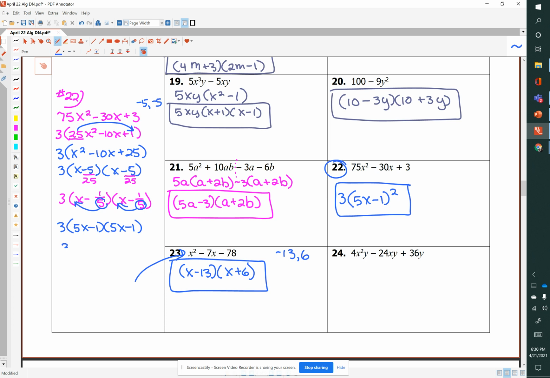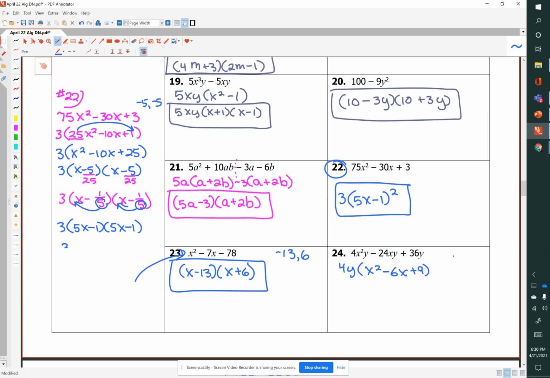So finally, in the last problem here, let's factor out 4x squared y minus 24xy plus 36y. So I can factor out a 4, and I can factor out a y, which will give me x squared minus 6x plus 9. And I need two numbers that multiply to positive 9 and add to negative 6.